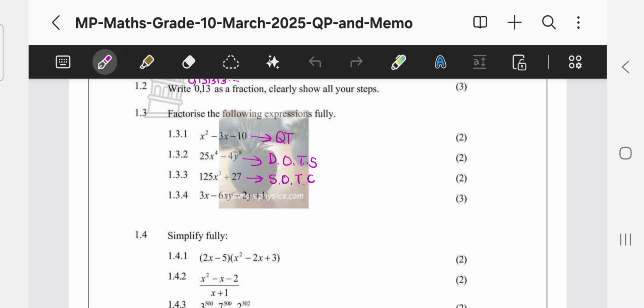Let us now have a look at 1.3.4. We are given 3x minus 6xy minus 2y plus 1. Now, the minute you guys notice that the question has 4 terms in it, that is definitely going to be factorizing by grouping.